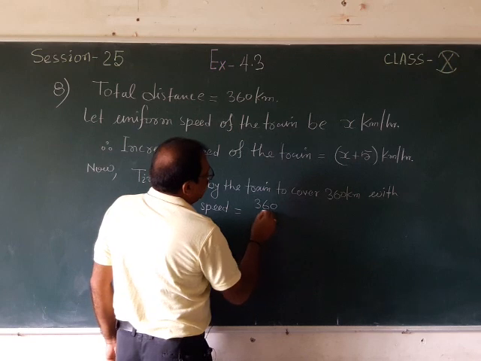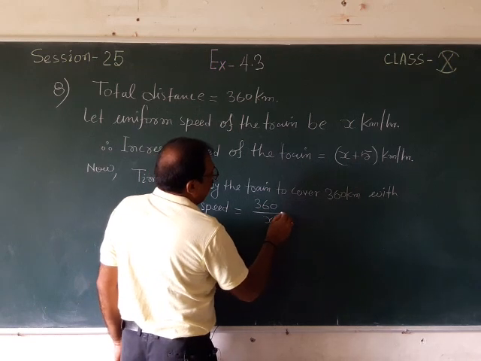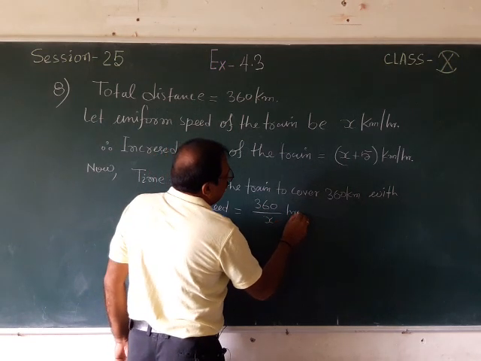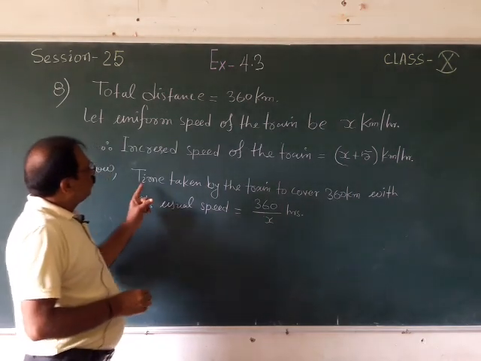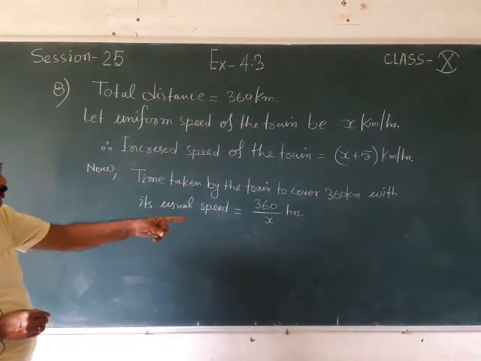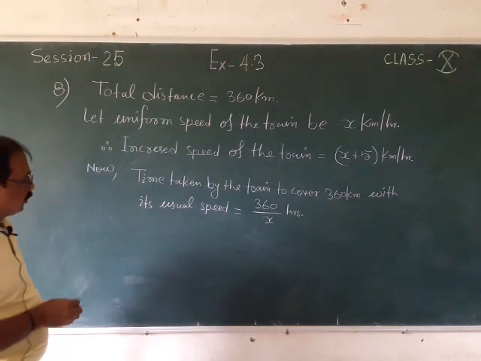So distance is 360 and speed is x. This many hours the train will take to go 360 km with its usual speed.